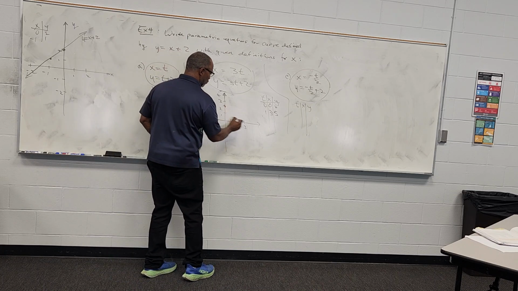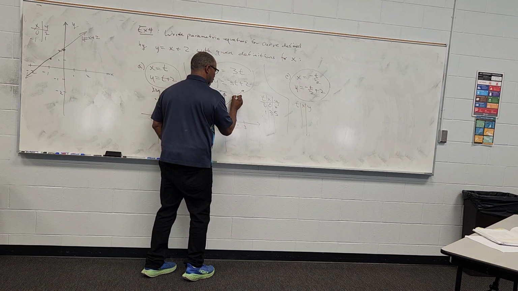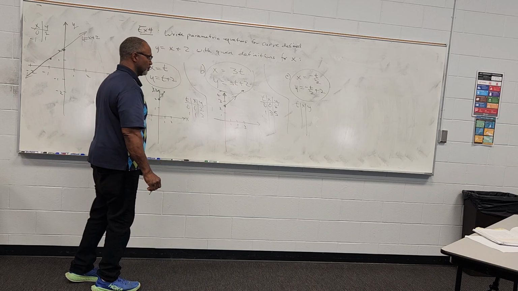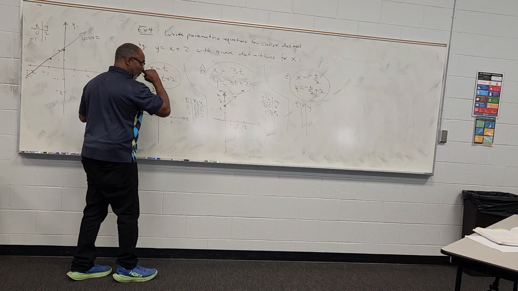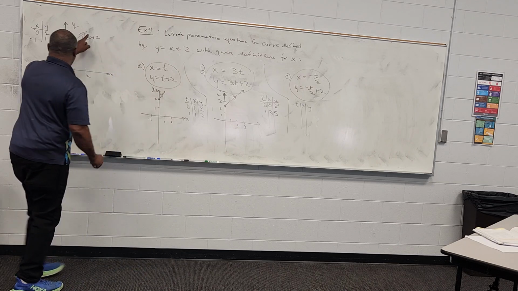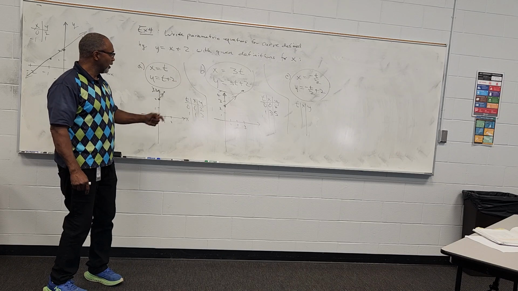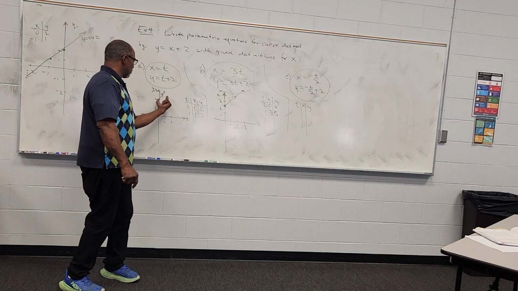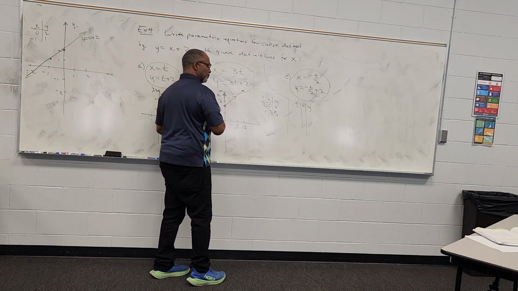But it goes to 3, 5, and again, it's going in that direction. So we can see that with this parameterization, you're moving along this line way faster than with that one. As t goes from 0 to 1, this one only moves that far. T goes from 0 to 1, and this one moves all the way from there to there.